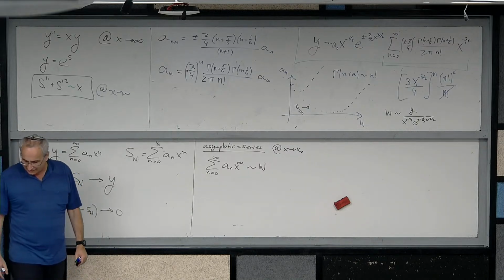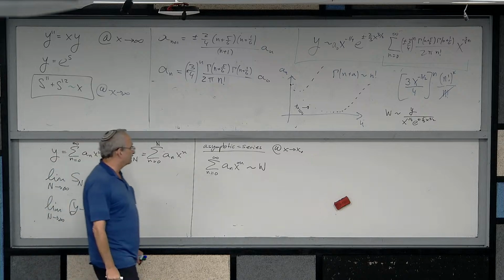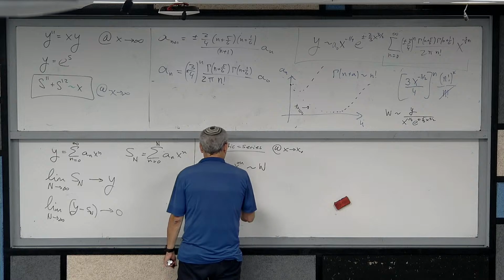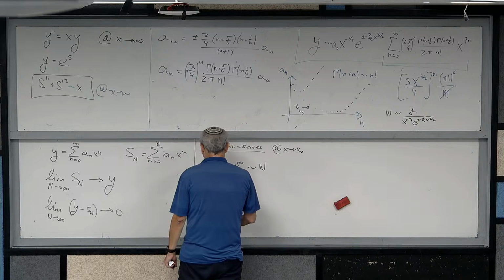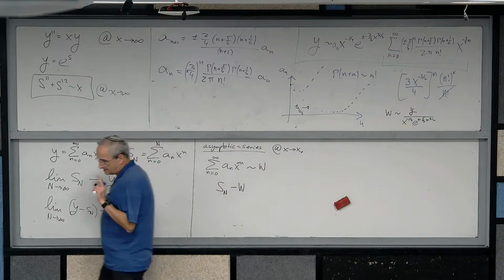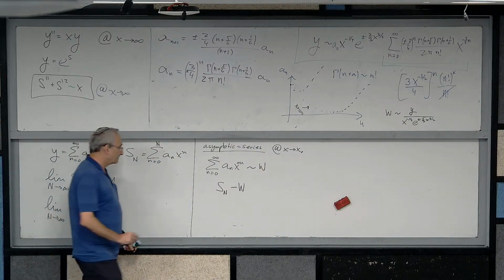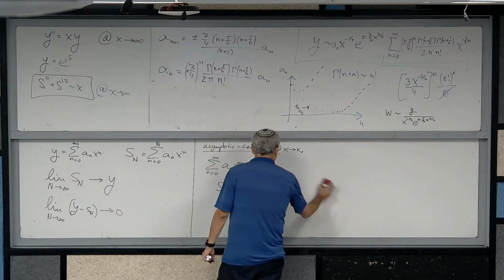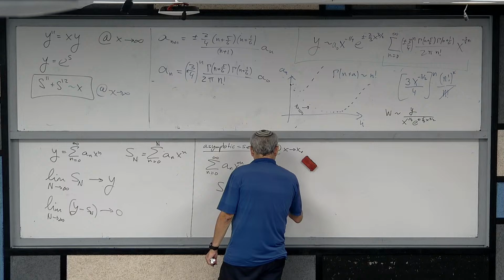So, what I am going to say is that the partial sum S_N minus w is negligible with respect to a_{N+1} x to the alpha (N+1).